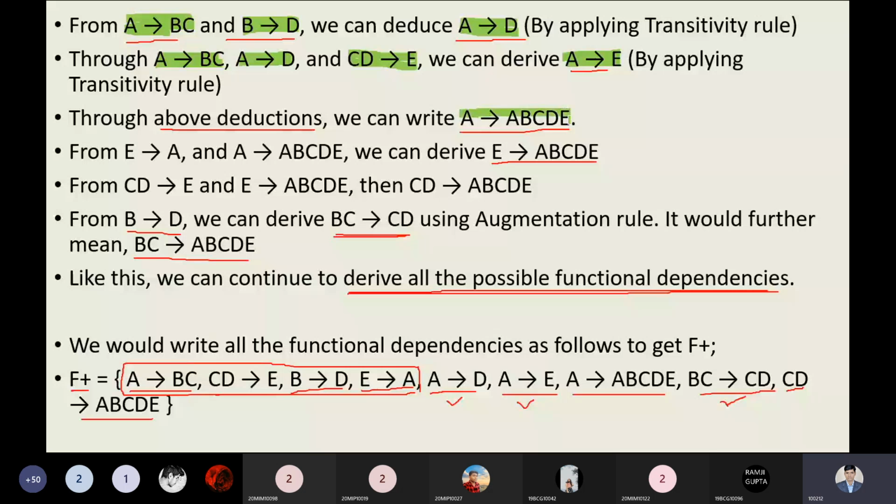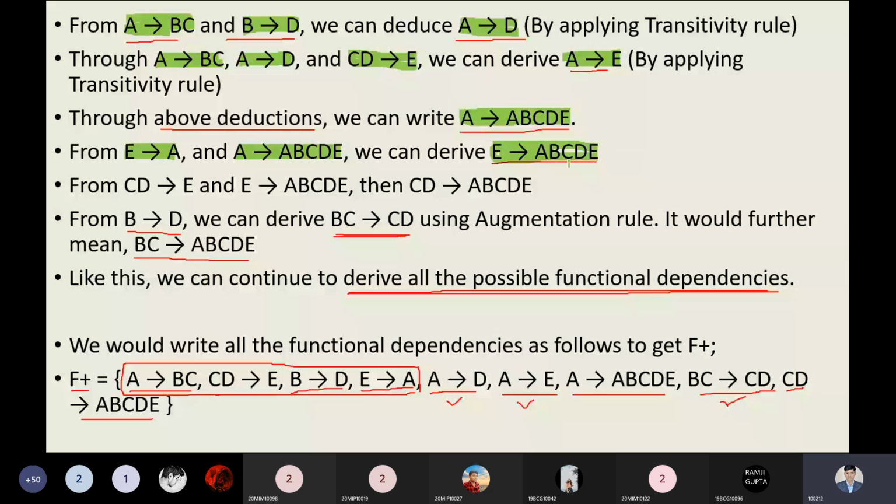And if I'm choosing the A determinant to A, E determinant to A, and A determinant to A, B, C, D, E. So all the students please listen. This is also possible. A, B, E, so E determinant to E is also possible by the reflexive rule, and B, C, D we have already calculated.